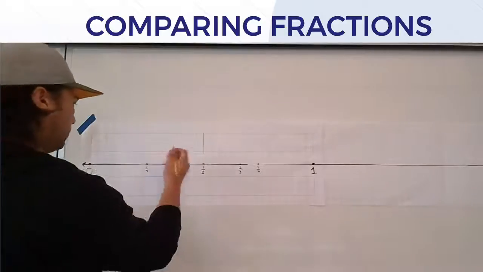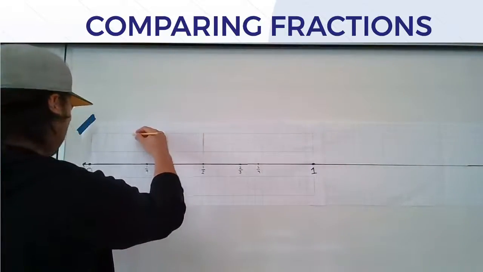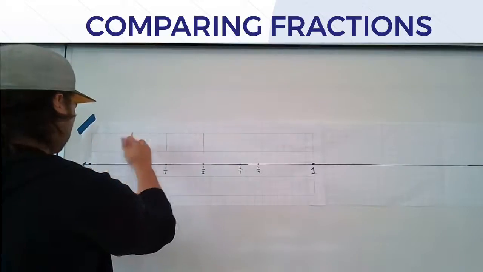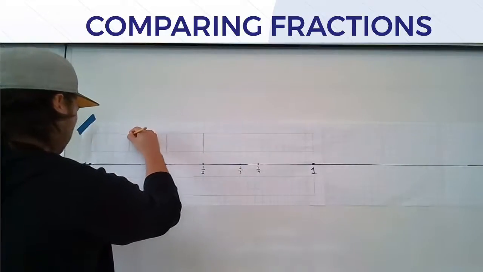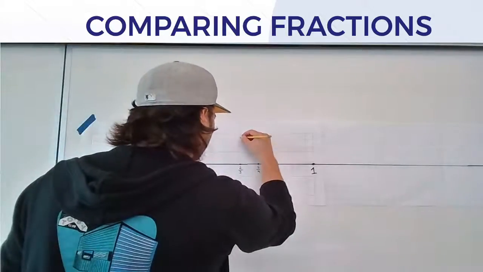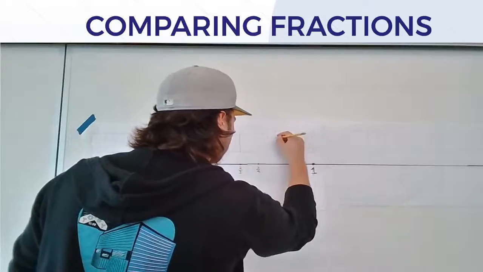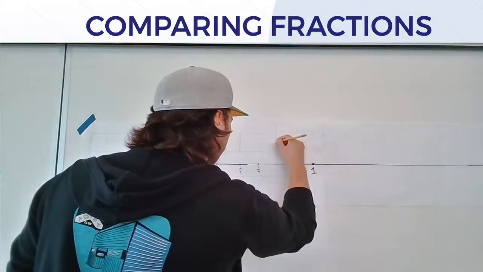So we're going to divide this into 6 equal pieces. If it's a little tough to see on the camera, I'm going to go a little darker here.